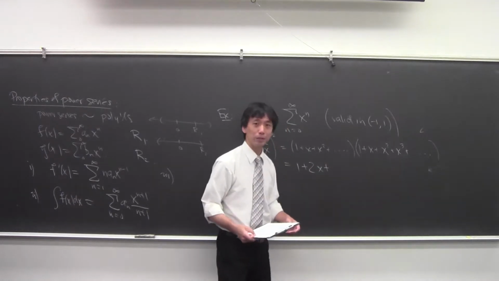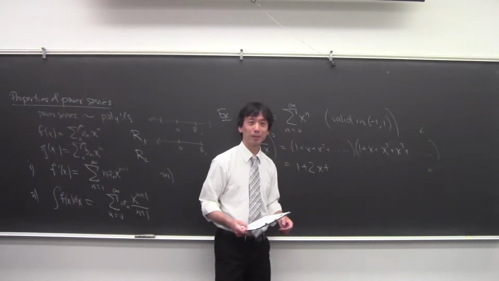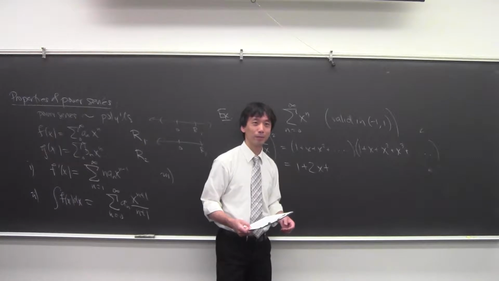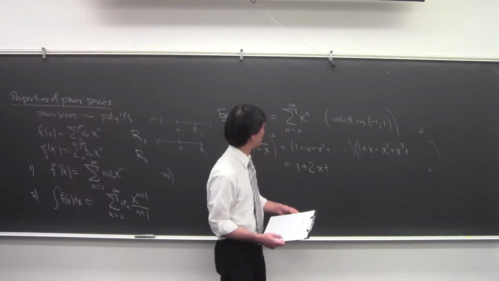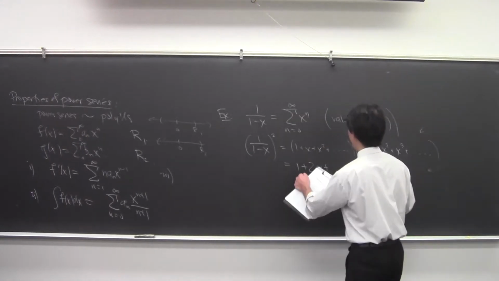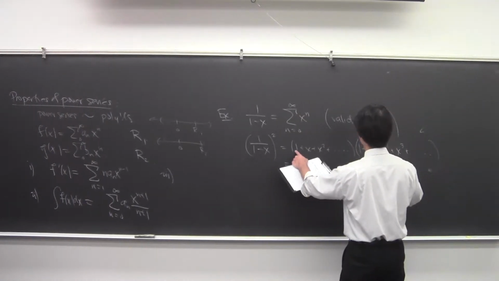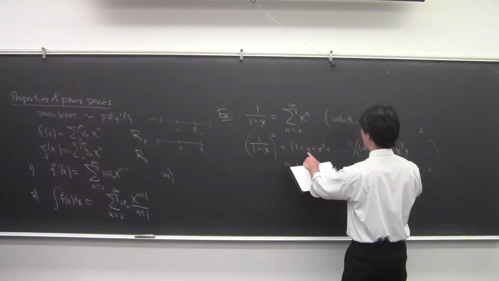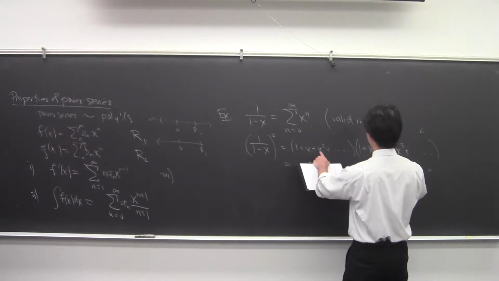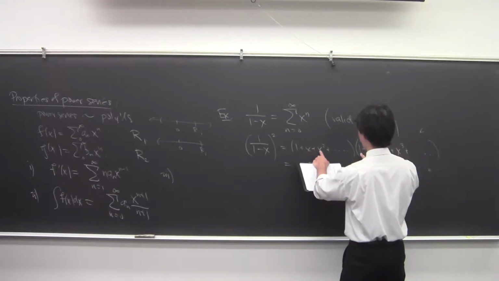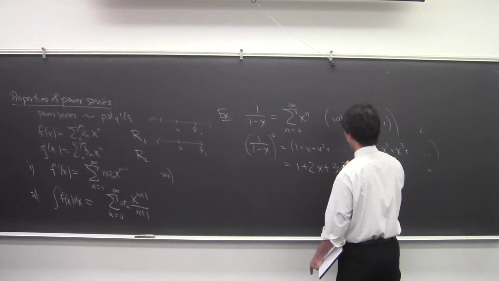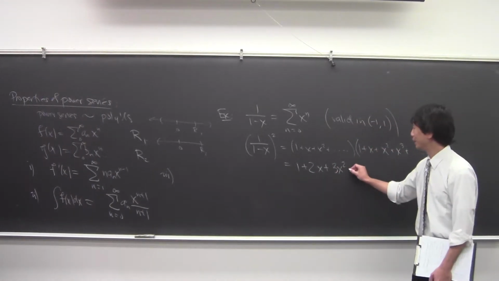How many x squareds are we going to have? Let's see, we have 1 times x squared, we have x times x, and then we have x squared times 1, so we have 3 x squareds, and so on and so forth.